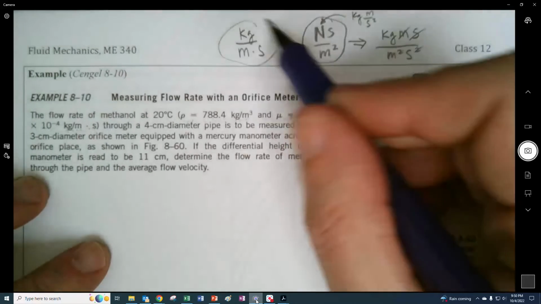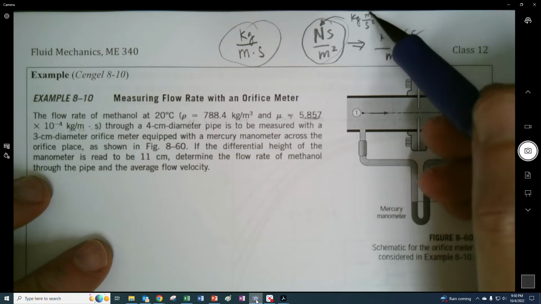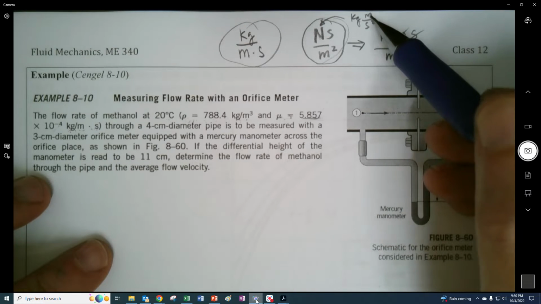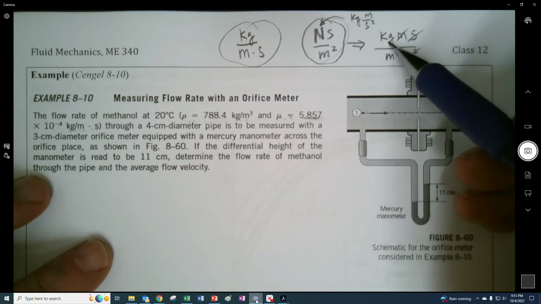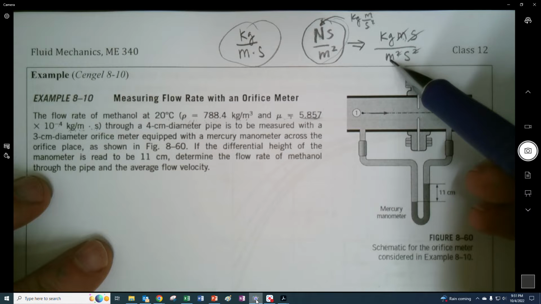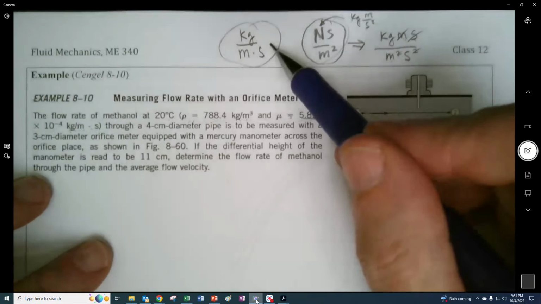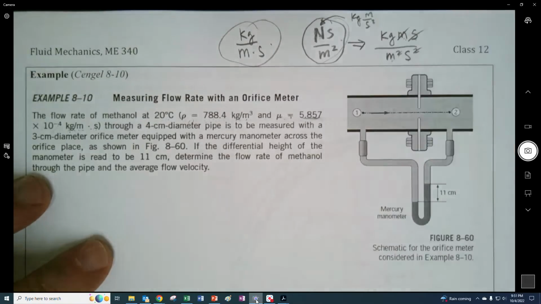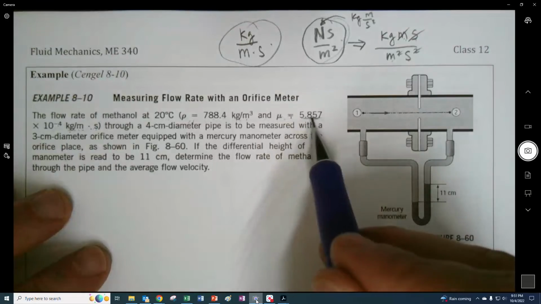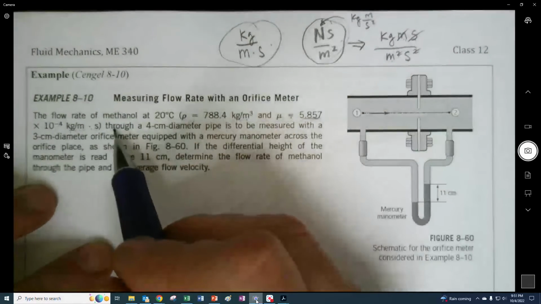We could replace the Newton with a kilogram meter per second squared, because that's F equals MA. Then the meters cancel out, leaving a meter in the denominator, and the second cancels out, leaving a second. So this is the same unit. It always bothers me, so it's good to check that we're dealing with the same units, and that we don't have to apply the acceleration of gravity there.